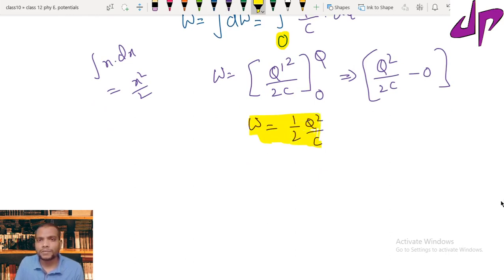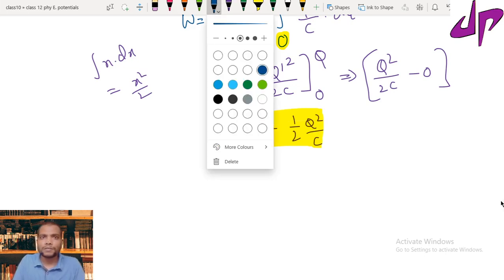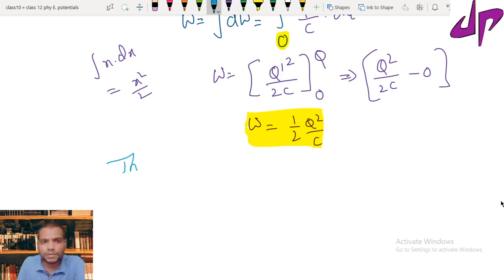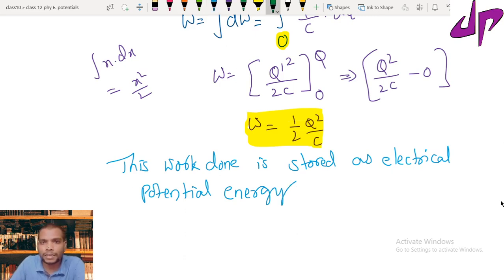But work is a form of energy, so whatever work I did will be stored in the form of potential energy. This work done is stored as electrical potential energy.